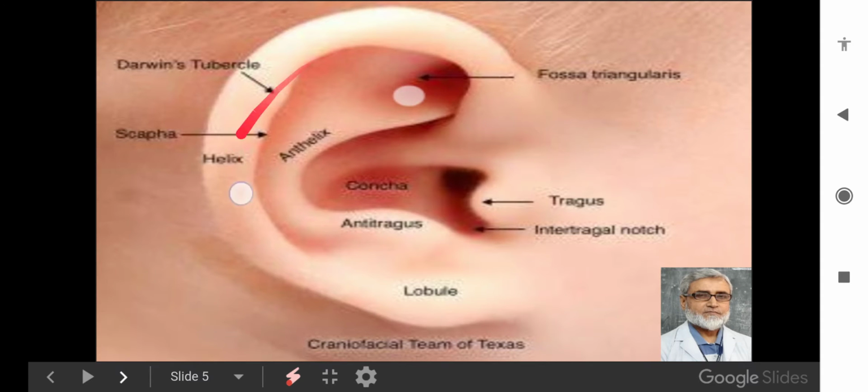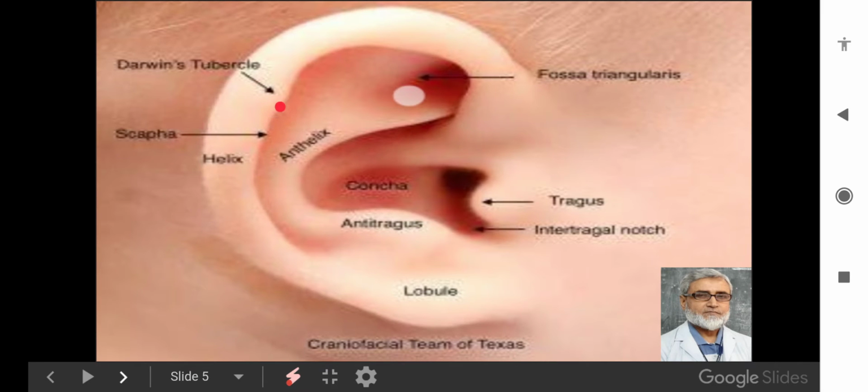This is the cartilaginous part, except your lobule here, which is not cartilaginous, and this ring is somewhere deficient of cartilage. I will show you later on. And see here the triangular depressed area. This depression is the fossa triangularis.